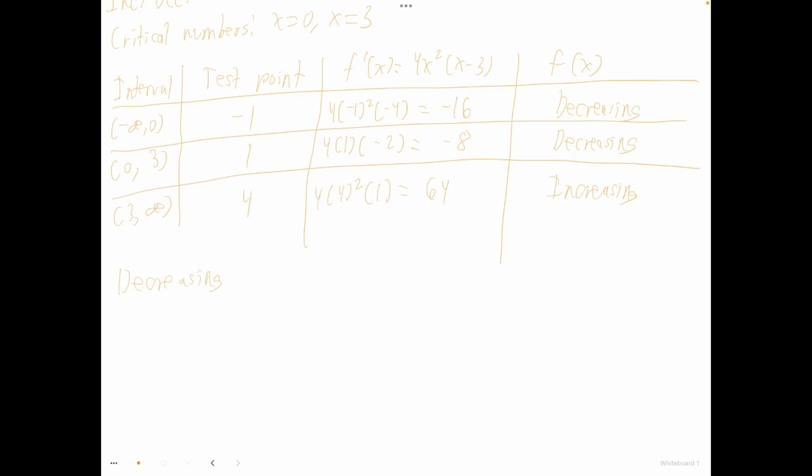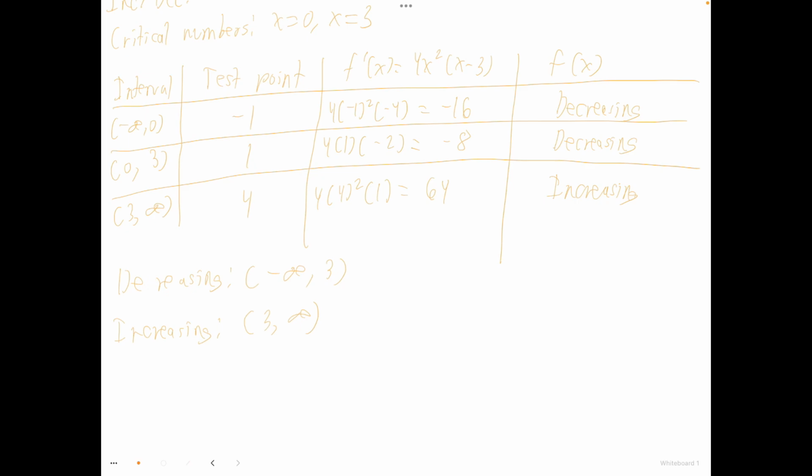Now, one thing to note is when you don't change signs, we typically just use them together. So I'm going to write decreasing as negative infinity to 3, and then increasing as 3 to infinity. The reason why is we didn't change signs at 0, so even though it's a critical number, we usually just lump it in with decreasing, and technically it would just mean we're not going up there.